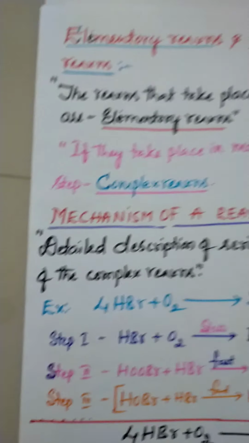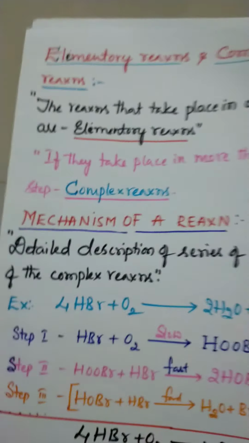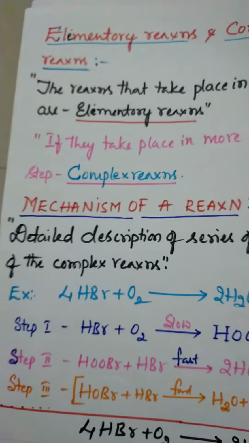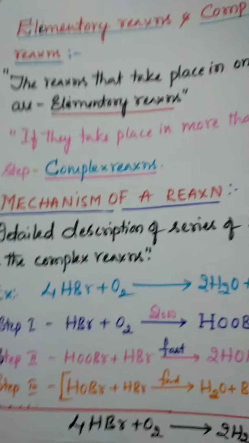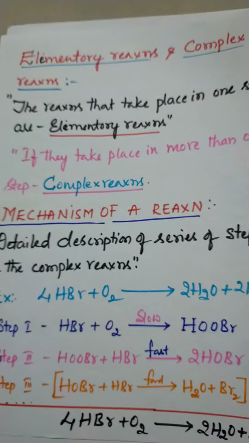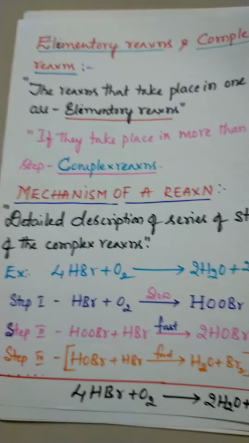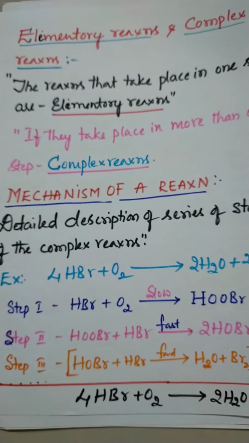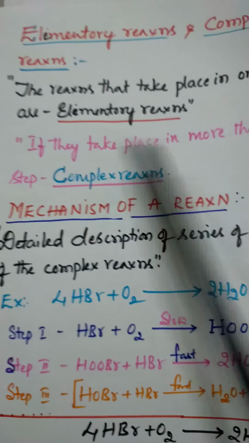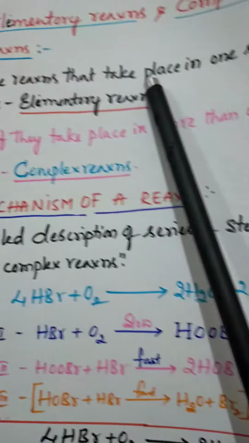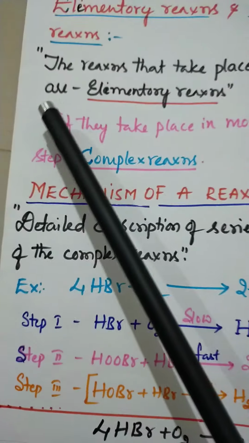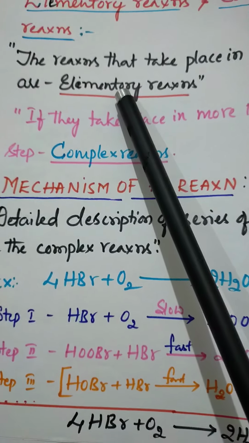Now we come to another concept of reactions, elementary reactions and complex reactions. This is a small definition. What are elementary reactions? The reactions that take place in one step are called elementary reactions.